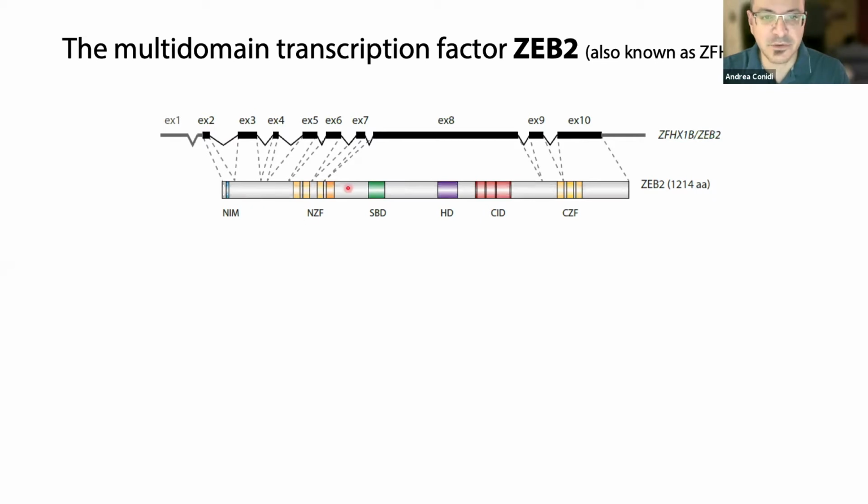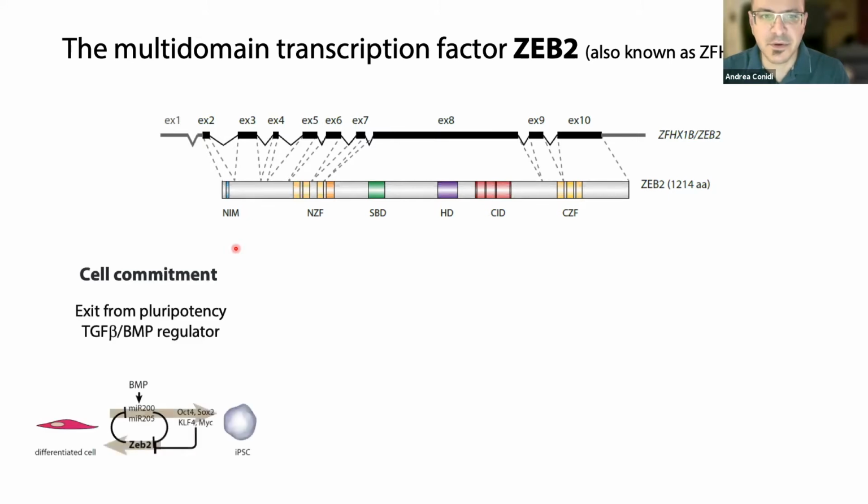It contains 2 zinc fingers here and here that are necessary for binding to DNA, and contains a number of other subdomains that I'm not going to describe now for the sake of time. The main important thing was that in these years, we could draw some important conclusions about ZEB2.